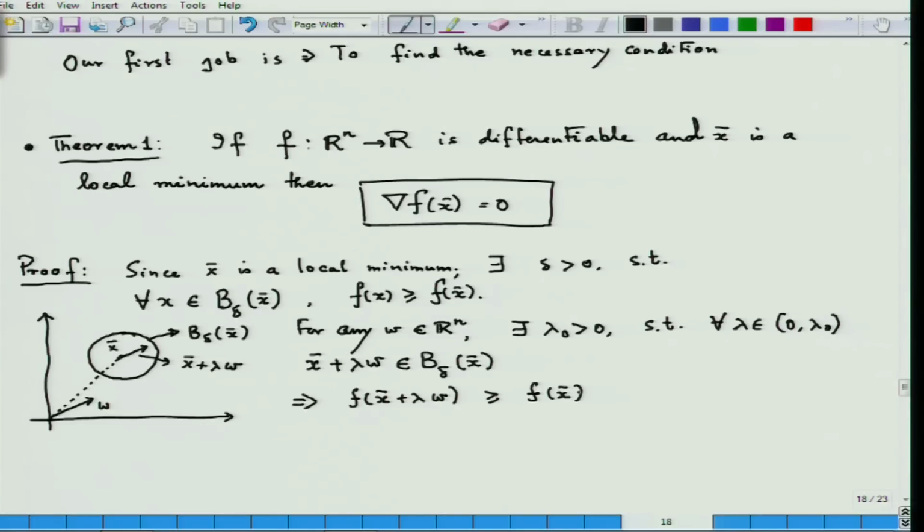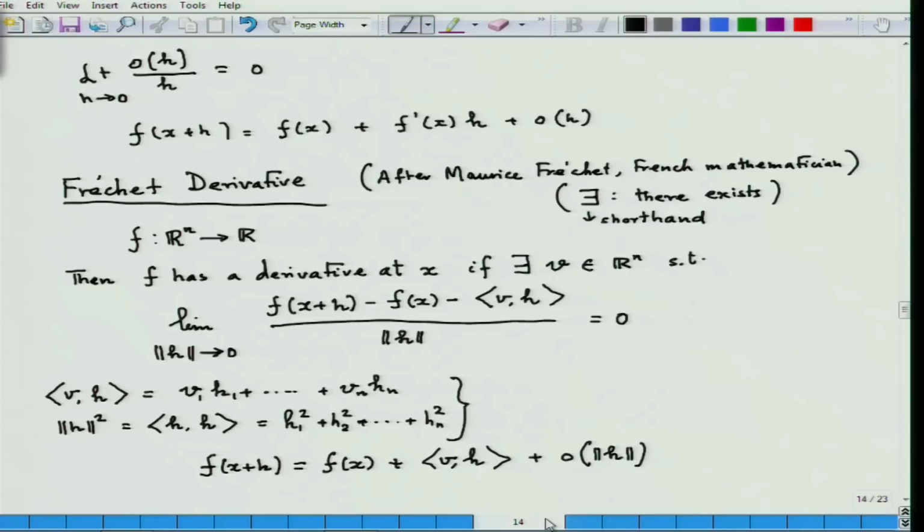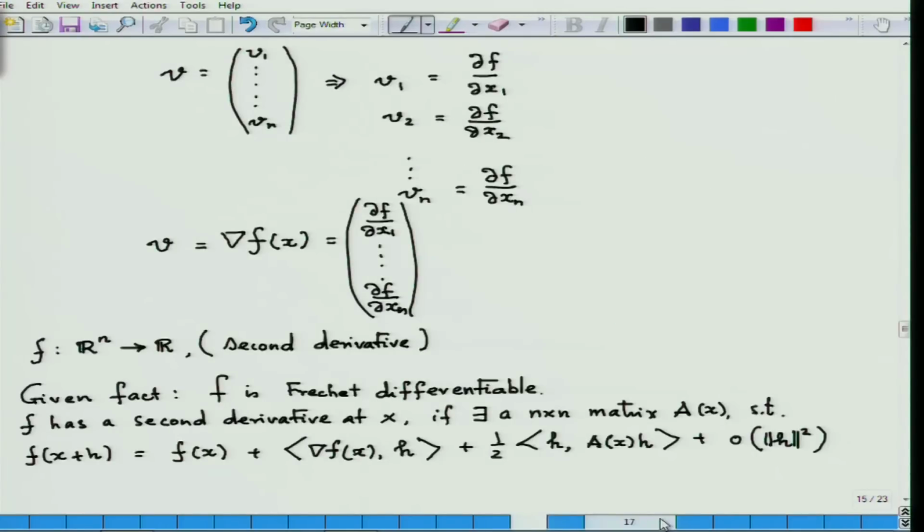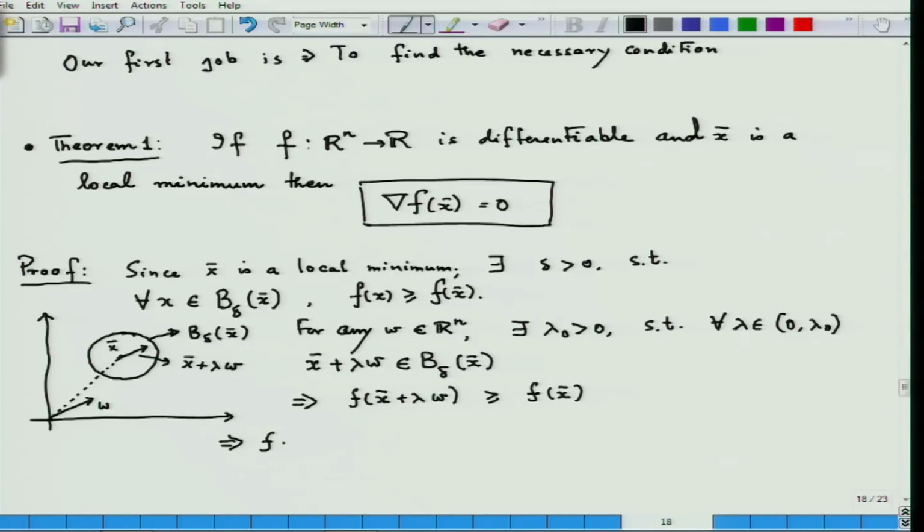But knowing the definition of the derivative, because the function is differentiable at x bar, I can write, I would just like to recall where I had written the definition of the derivative. This is the definition of the derivative. So, I can write here f of x bar plus lambda times grad f x bar transpose w plus small o of norm of lambda w, and this is bigger than f of x bar.